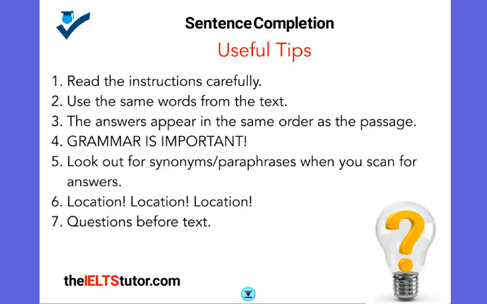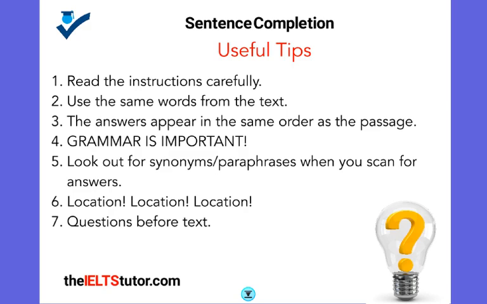you need to know that the answers appear in the same order as in the passage. So the answer for number 1 appears maybe in the first 2 paragraphs of the passage. The answer for number 2 appears in the 3rd, 4th paragraph. So they appear in the same order as the questions.